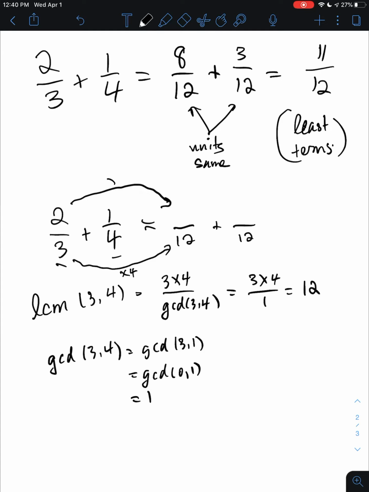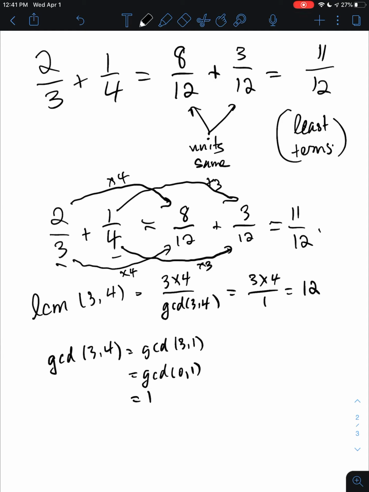I have to multiply by 4, and that's going to give me 8. What about this one? I had to multiply 4 by 3 to get 12. So over here, I'm going to multiply 1 times 3, and I'm going to get 3. And then I'm going to do 8 plus 3 is 11 over 12.